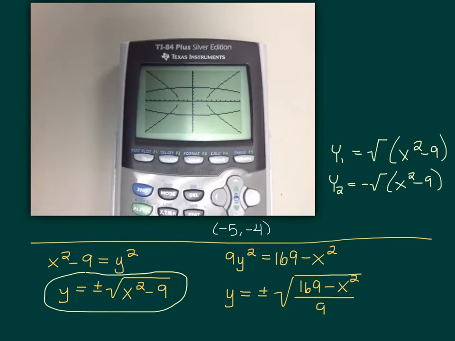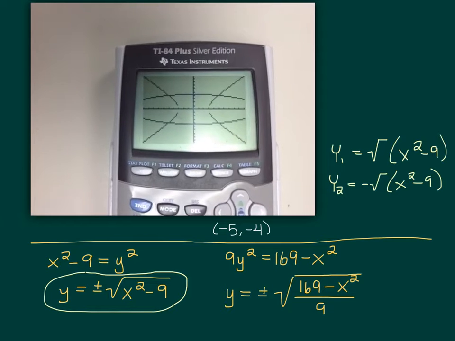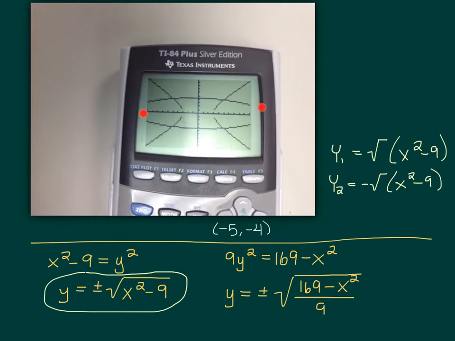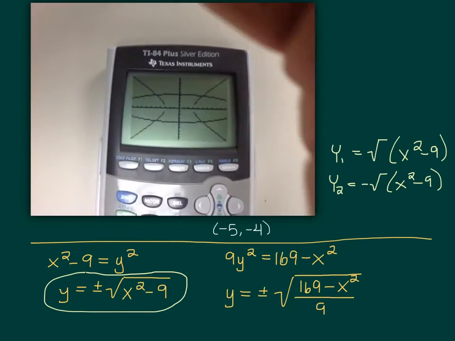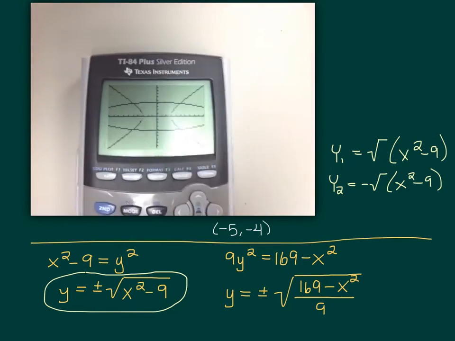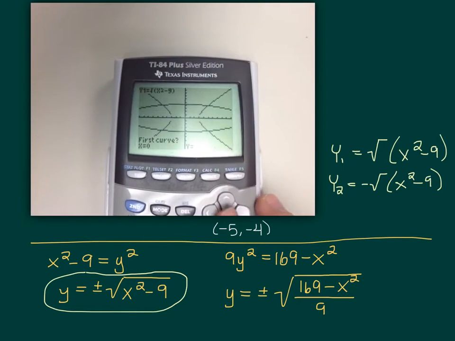So, we know that we don't have the full picture of the ellipse, correct? Yes, sir. We're missing these ends. But we see the 4 intersection points, right? So second, calculate intersection.